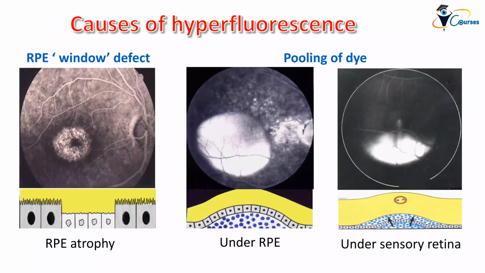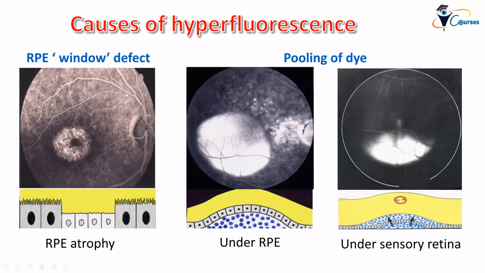Let's now talk about the causes of hyperfluorescence and hypofluorescence. First of all, let's see the causes of hyperfluorescence. Where should we see an abnormal increase in the fluorescence, which appears in whitish color? First of all, in what's called a window defect. A window defect is when there is a defect in the retinal pigment epithelium, so we can see the fluorescence of the underlying choroid.